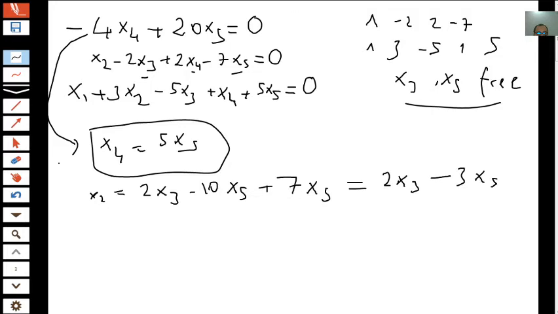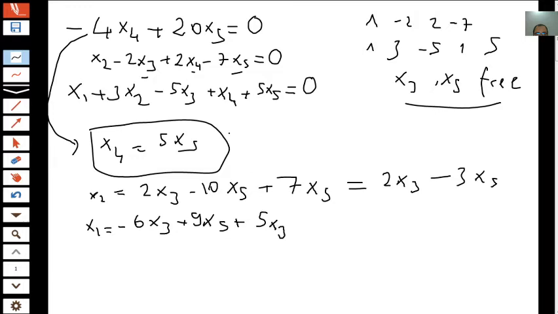x5, and using the first one we can find x1, which is equal to minus 3 times x2, namely, let's write directly, minus 3 times x2, namely minus 6 times x3, plus 9 x5, minus 5 plus 5 x3.